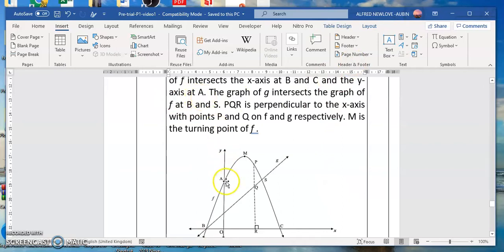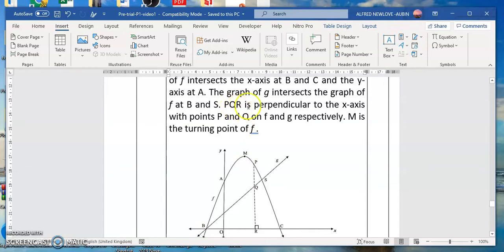A. It also touches the y-axis at A. The graph of g intersects the graph of f at B. So they meet. g meets f at B and S. That's the meaning of intersection of the two graphs.